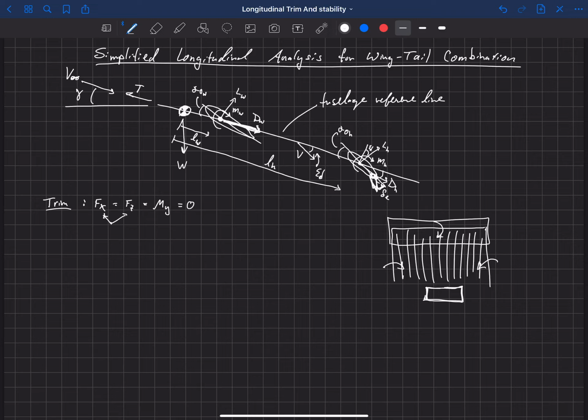Okay, so we're not going to look at Fx and Fz exactly. We're going to look at those rotated just a little bit. So let's actually look at the force in the thrust direction, and I suppose that could be the x direction if x is aligned with the fuselage reference line.